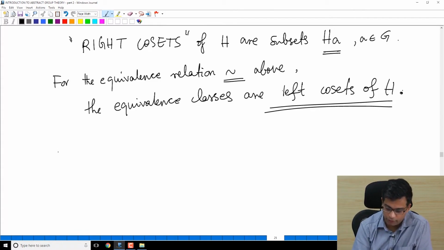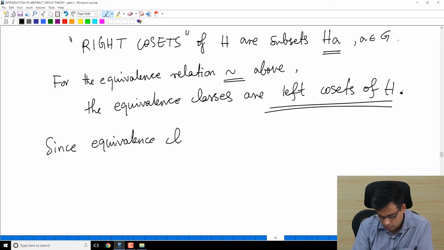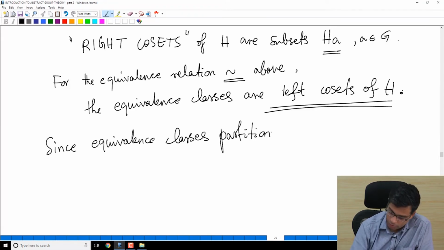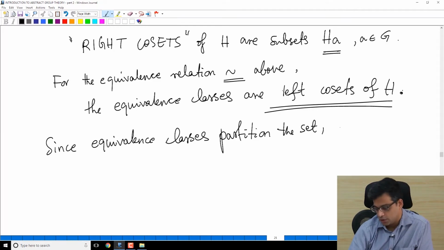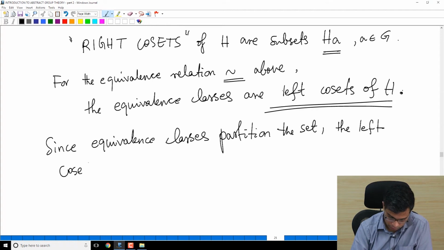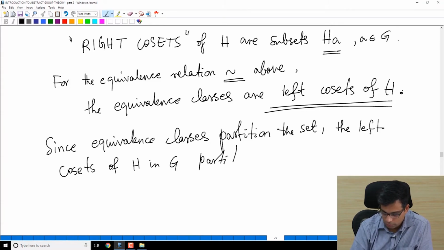We have noticed already one fact, that since equivalence classes partition the set, in our situation the left cosets of H in G partition G.